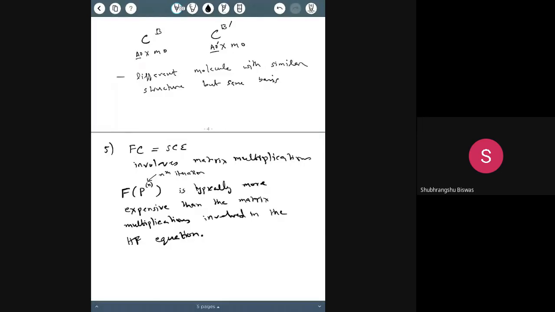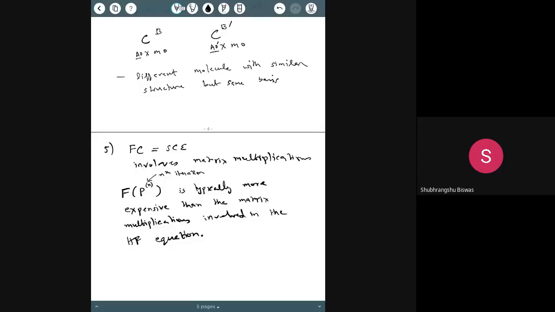So this is just good to know. So if your code is slow, you must be sure that your Fock matrix construction, especially the 2 electron part or the 4 index quantity part, is done well before you start optimizing the actual equation. So that is that. So now I've more or less covered the different aspects of the computation.